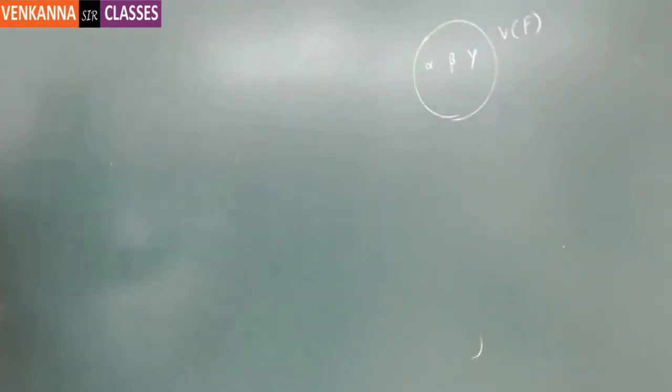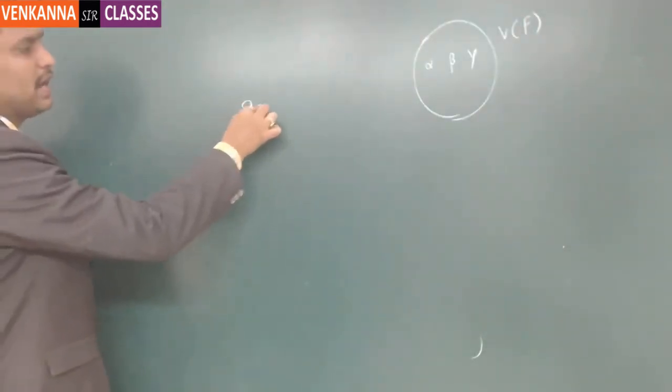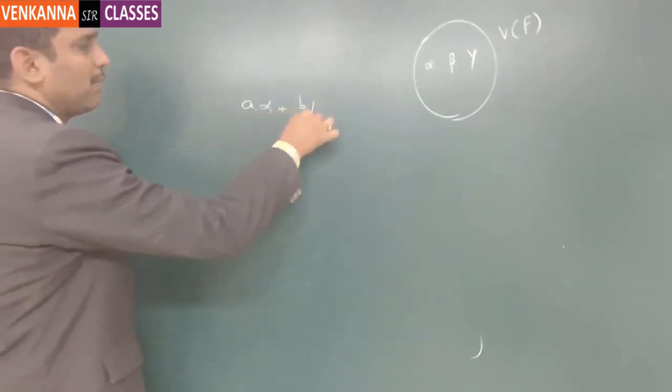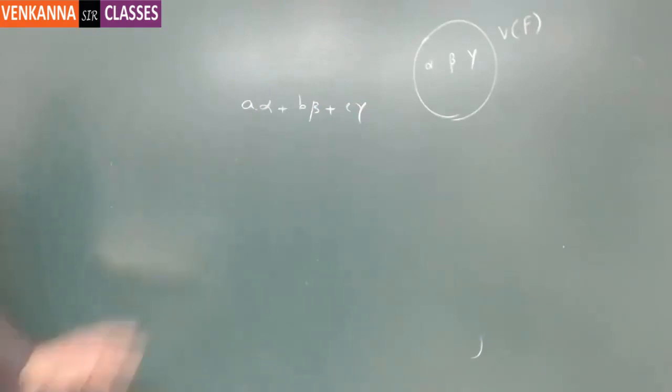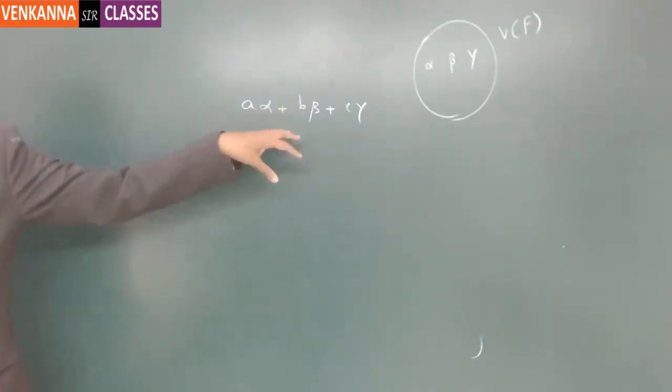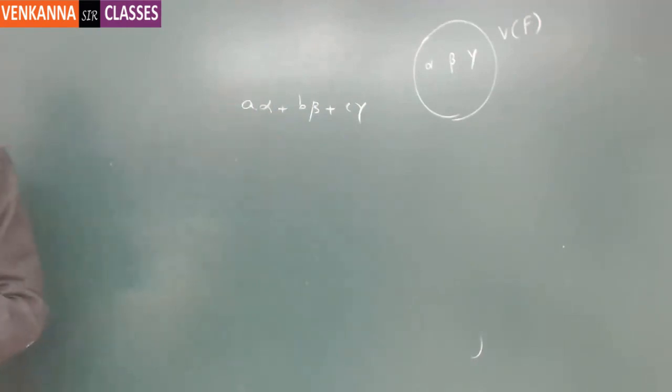Now I am doing the thing that number into vector, number into vector, number into vector, just like A alpha plus B beta. So if you simplify that, you will get a vector as a result. Accepted?